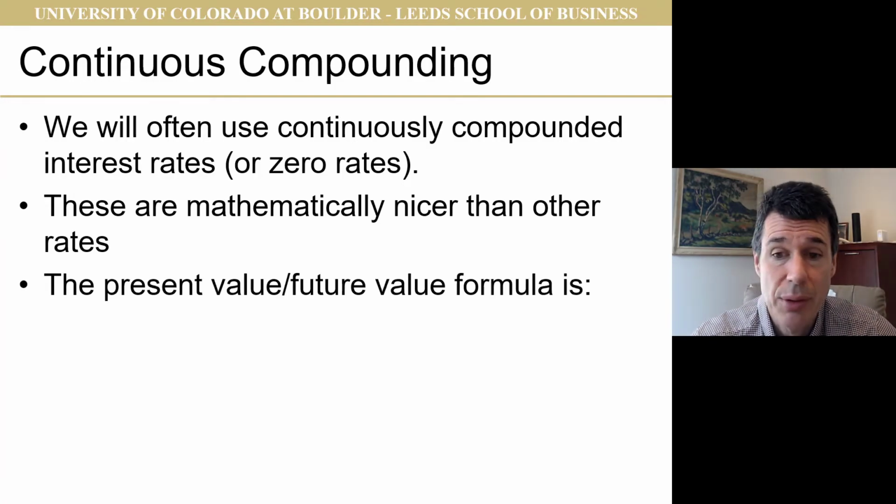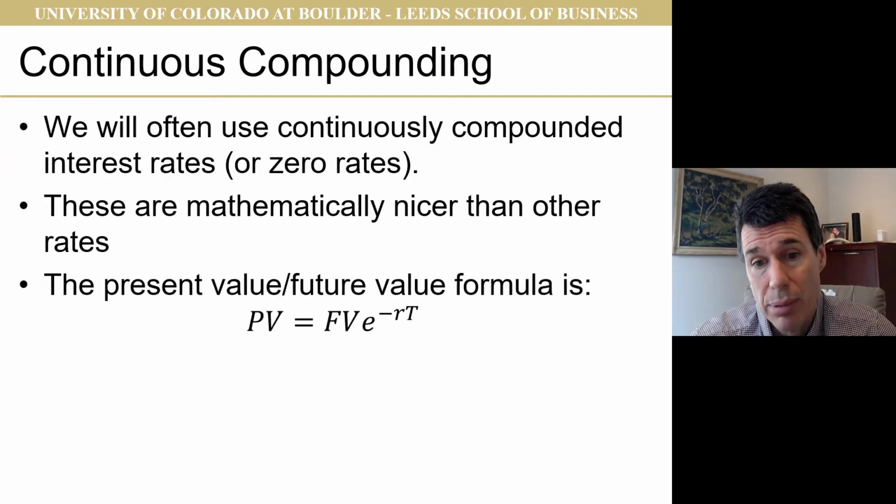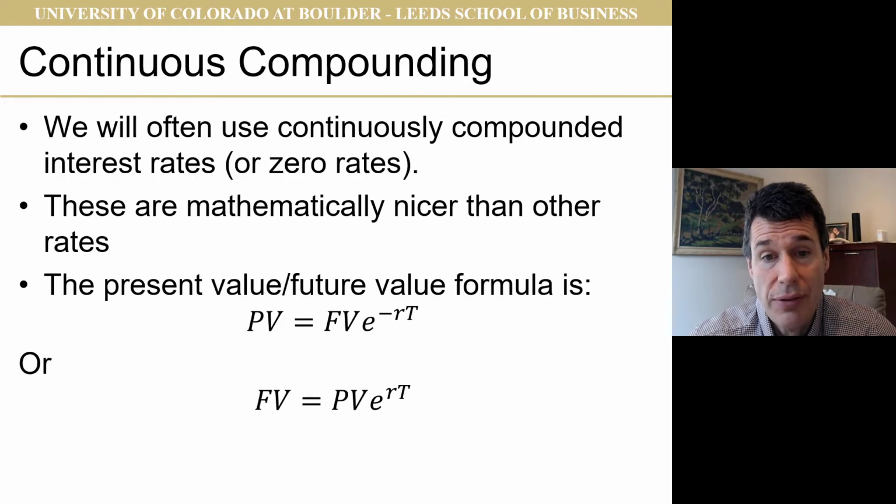And the present value, future value formula is present value equals future value, or the cash flow itself, e to the minus RT, or future value is present value, the amount we invest, e to the RT. So a lot of you probably don't love seeing that e to the RT, but again, the exponential function and the natural log function turn out to be mathematically really nice and convenient to work with.